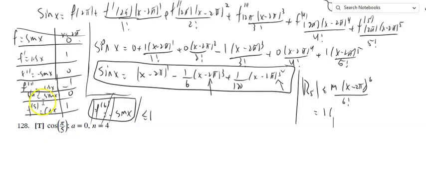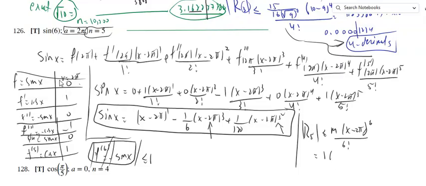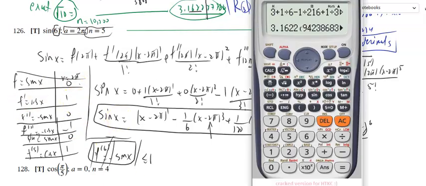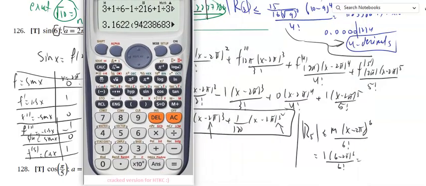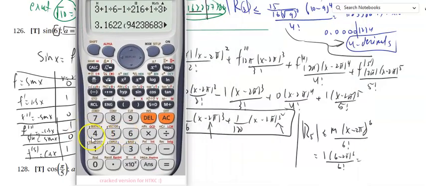X and a. X is 6. 6 minus 2 pi to the 6 divided by 6 factorial. This quantity right here is telling me the error in using a 5th degree polynomial to approximate the sine.